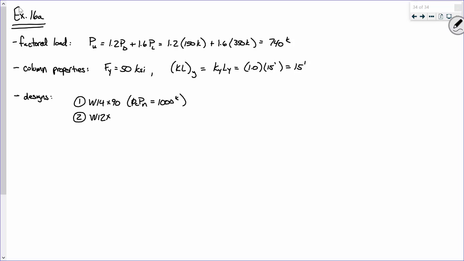What is the lightest W12 that will work? Okay, 12 by 79. Do I have a second on that? Okay. Now you picked that because its phi Pn is what?